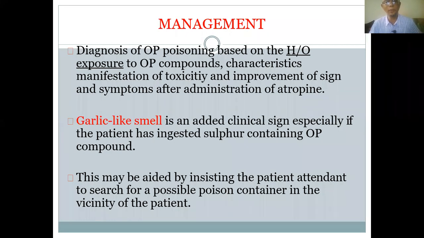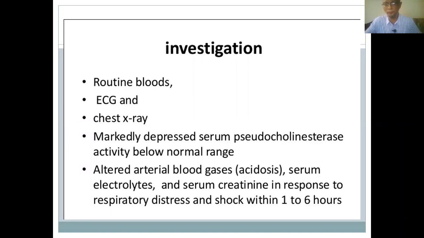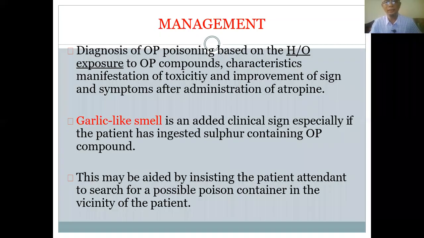There may be some smell; a garlic-like smell is an added clinical sign, especially if the patient has ingested a sulfur-containing organophosphorus compound. This may be aided by insisting the patient's attendant search for a possible poisoning container in the vicinity of the patient. If the attendant brings the container that contains the organophosphates, you can be sure that this may be due to organophosphate poisoning.